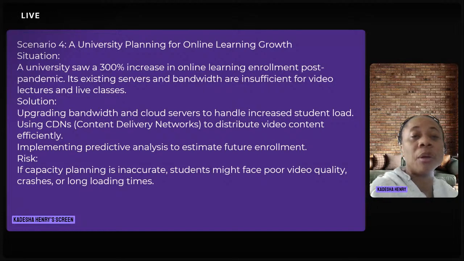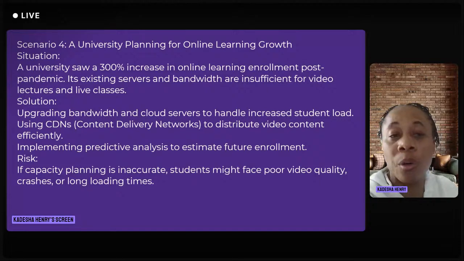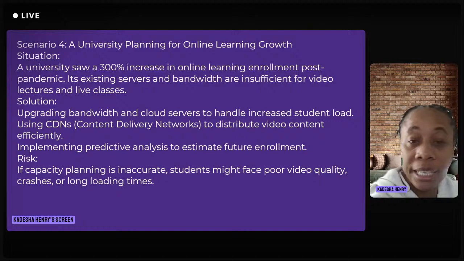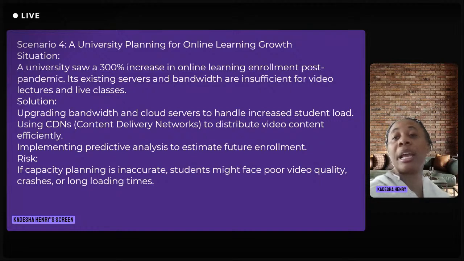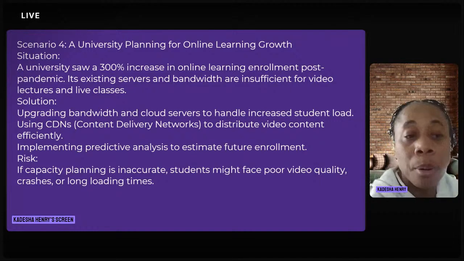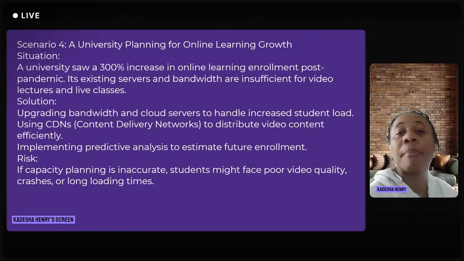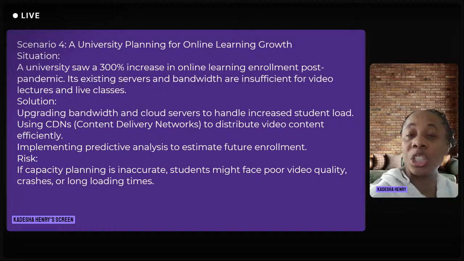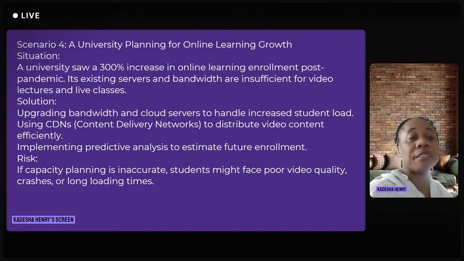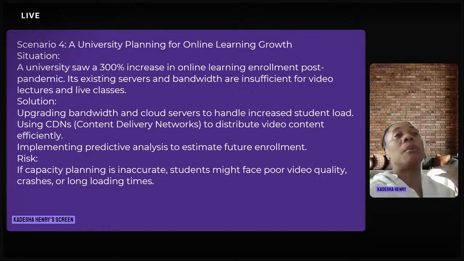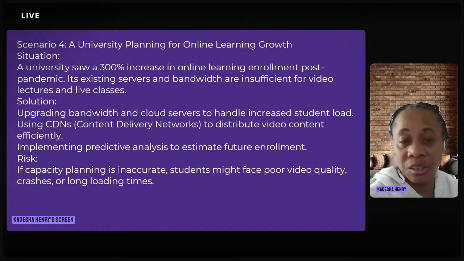The next scenario that we're going to look at is the university planning for online learning growth. A university saw a 300% increase in online learning enrollment post pandemic, right? Its existing server and bandwidth are insufficient for video lectures and live classes. When we talk about capacity, everything is increasing.